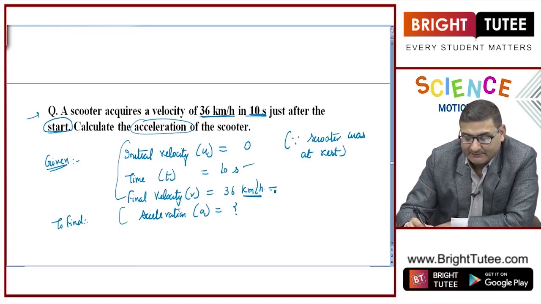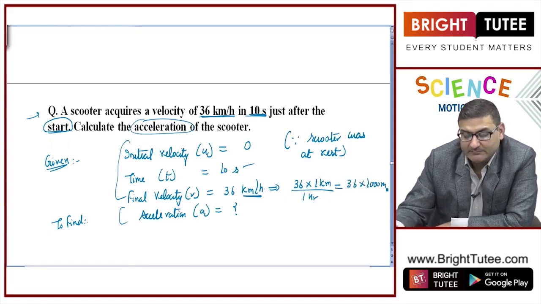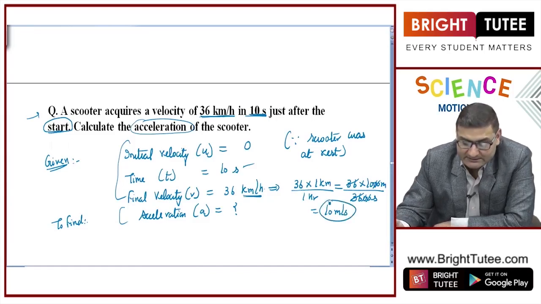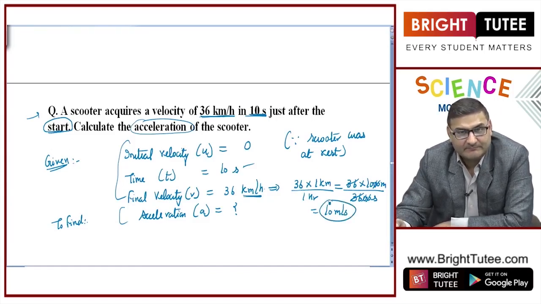How? 36 kilometers per hour means 36 into 1 kilometer divided by 1 hour. Now, I know that in 1 kilometer there are 1000 meters and in 1 hour there are 3600 seconds. Cancelling the zeros, and 36 with 36, I get the value to be 10 meters per second. Now, this is my final velocity.